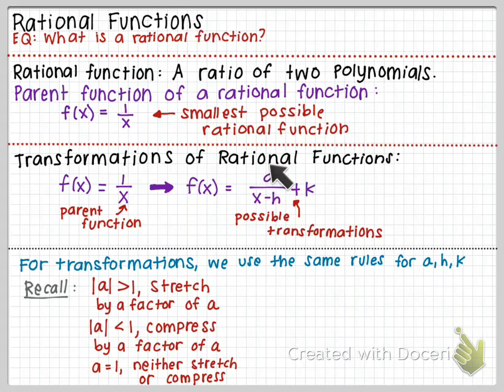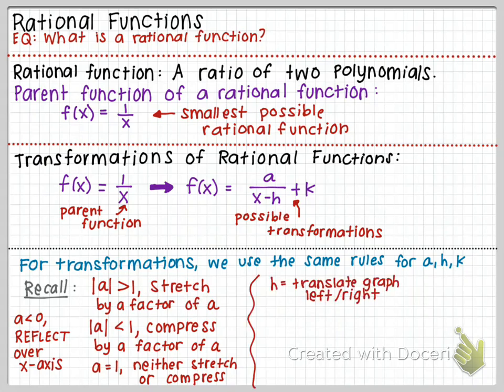So if this was 1 over x minus 2 or something, that 1 just means we don't stretch or compress. Now remember, when a is negative, if it's less than 0, we reflect over the x-axis. So if it was negative 2, that negative means we reflect. That 2 means we stretch.